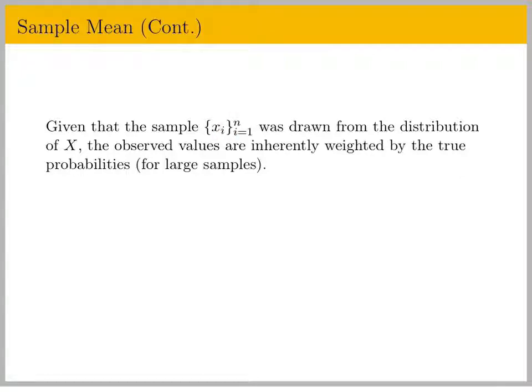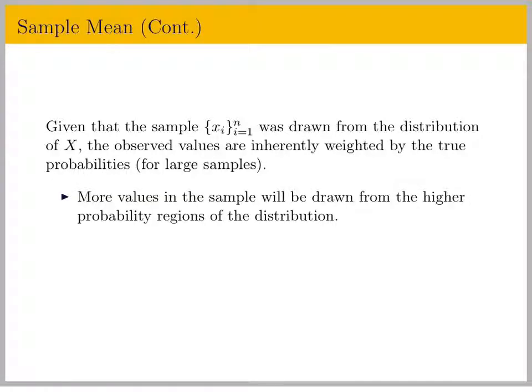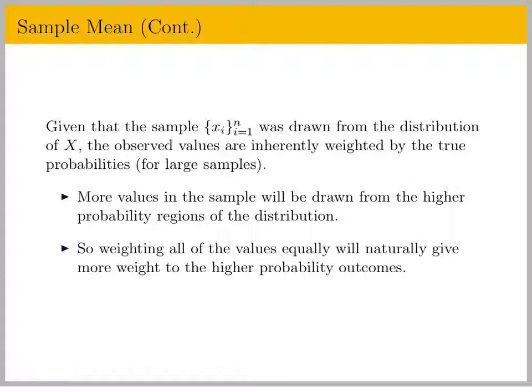So let's say n is a very large number. Then more values in the sample will end up being drawn from higher probability regions of the distribution. So weighting them equally just inherently gives them the probability weight of the distribution.